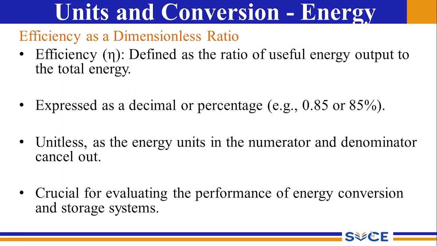It is crucial for evaluating the performance of energy conversion and storage systems. Especially for energy storage, how much energy is given for storage in a particular unit of fluid or something, and how much energy is got out. That's how you evaluate your energy storage system.